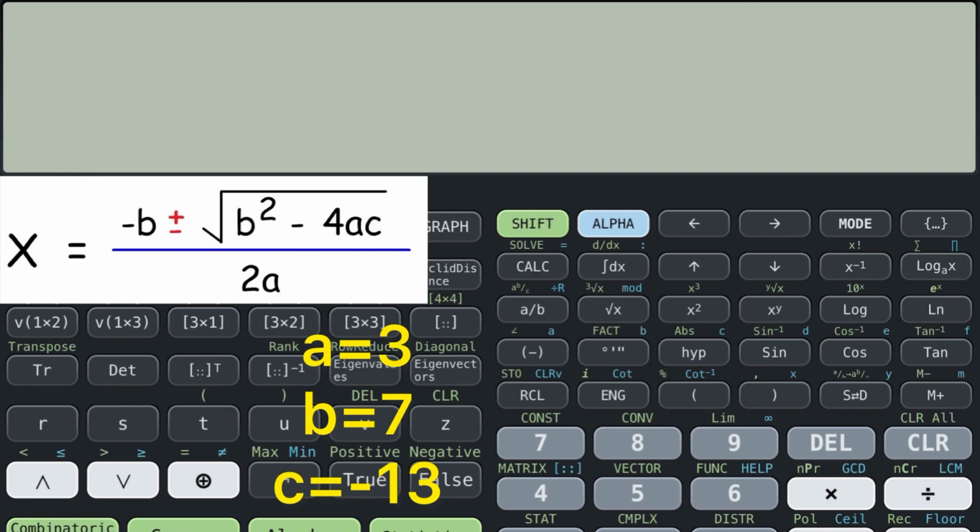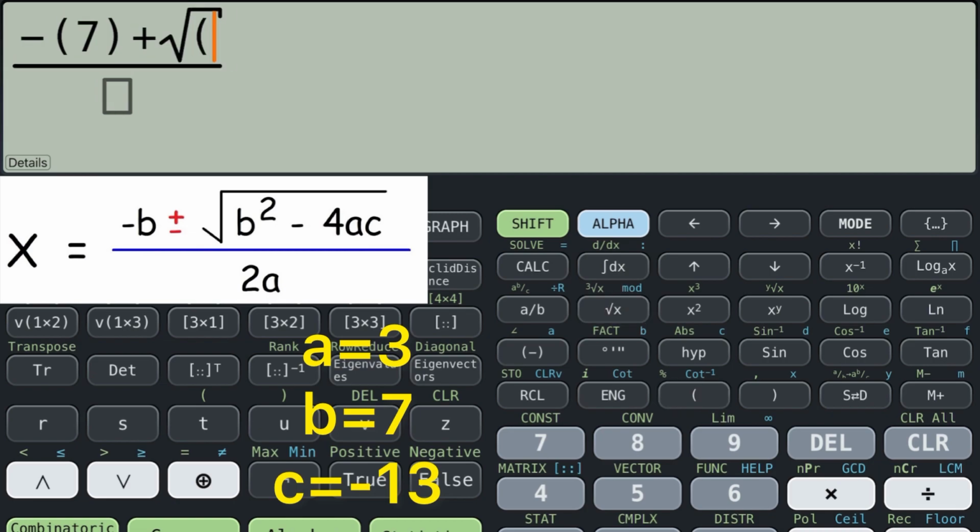Now that we have identified what a, b, and c are, we're going to plug them into the formula. First you want to write the fraction and write minus, and whatever you're substituting in, you want to have in brackets. So b was 7, so I'm going to put that in brackets. Then I'm going to write plus, then the square root sign, and then b squared.